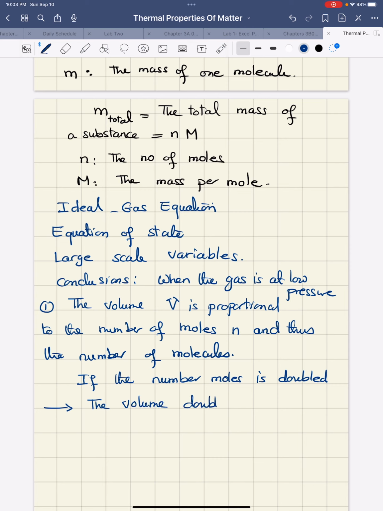But of course, this is keeping pressure and temperature constant.